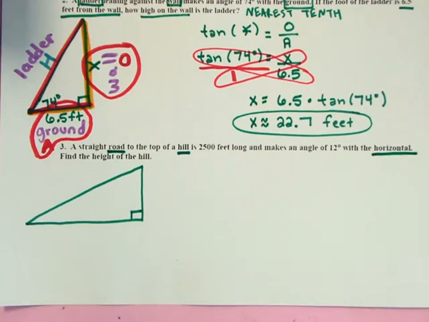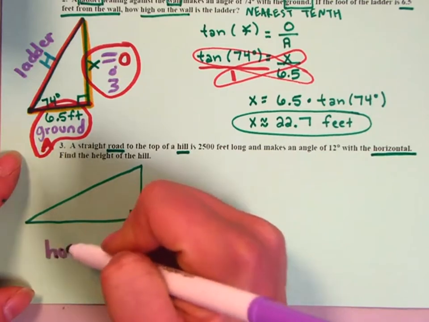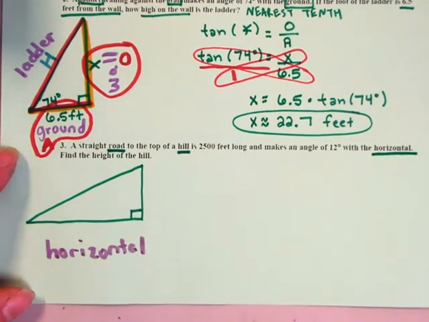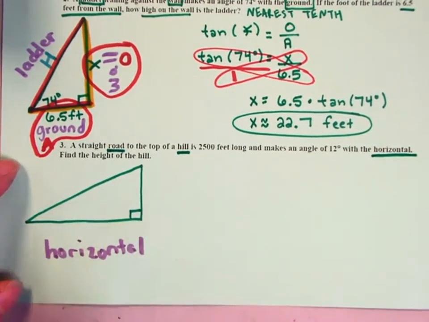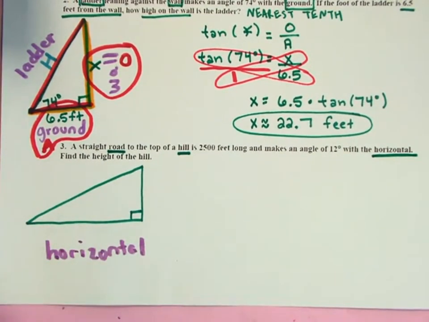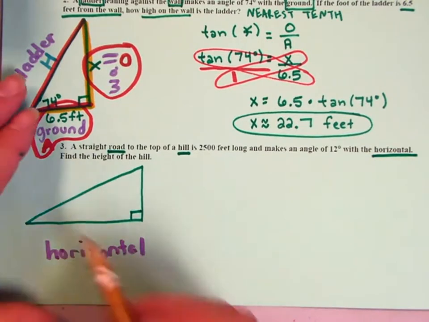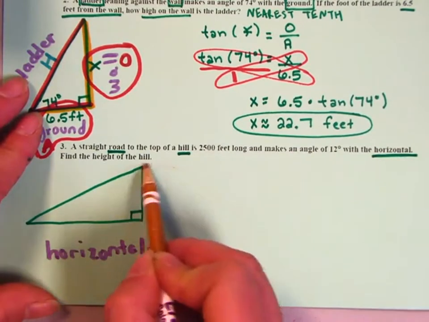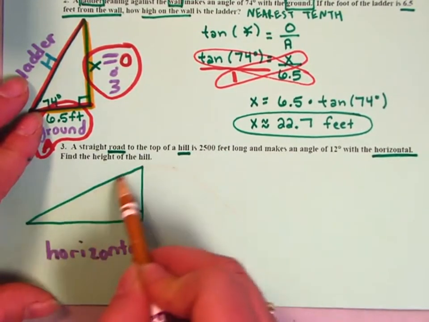Okay, which side is the horizontal? Horizontal, think of the horizon. Horizontal has to go horizontal. This is the horizontal direction. Okay, we need to draw the hill. So I'm going to sketch in your hill's probably like this.